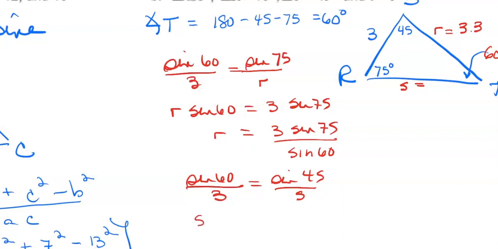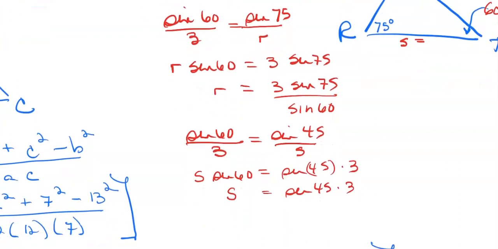So s, make sure it looks like an s, times the sine of 60 equals sine 45 times 3. So s is going to be sine 45 times 3. Remember to close your parentheses by the sine, and then over the sine of 60.